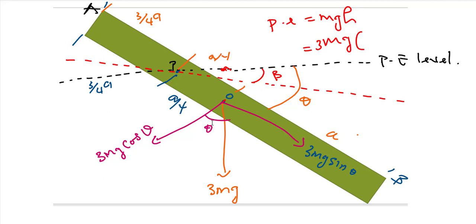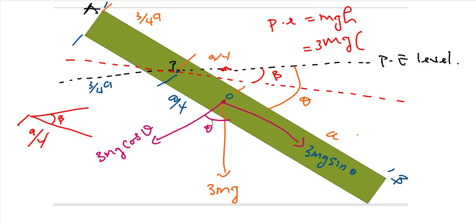So here we have a/4. Picture it clearly, that's a/4. Then we have a given angle beta. So we have a system like this, I have a line like this, then here we have beta.